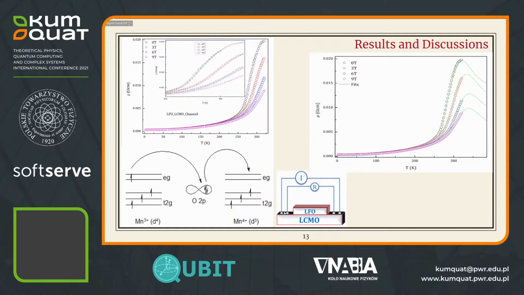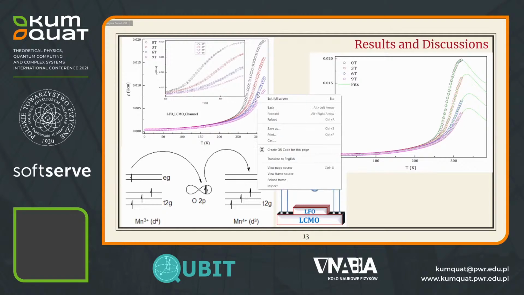So what happens is, with a decrease in temperature, the insulating phase, which is prominent at room temperature, starts to decrease. As the insulating phase decreases and the metallic phase increases, we can observe a decrease in resistivity. So from that, we obtain this type of curve.